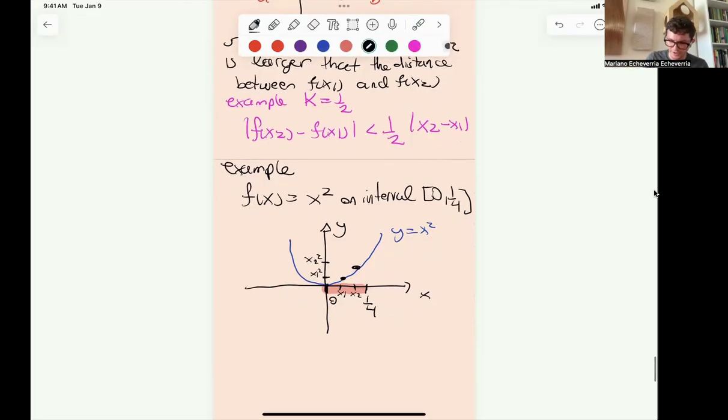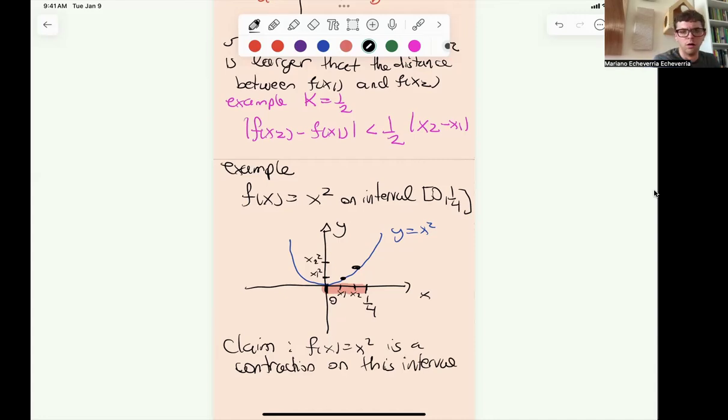So my claim is that this function is a contraction on this interval. I want to make sure that the statement is making sense. I'm saying take any two numbers you want between 0 and 1/4, square each of those numbers, and the distance between those two new numbers, the squares, will be less than the distance you started with. Okay? Is that making sense?